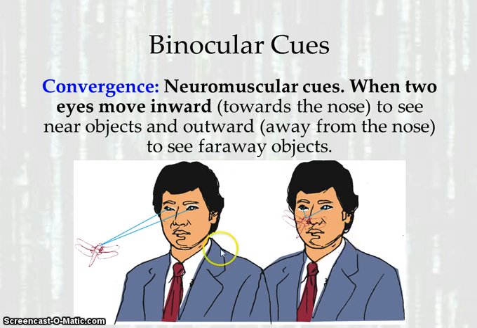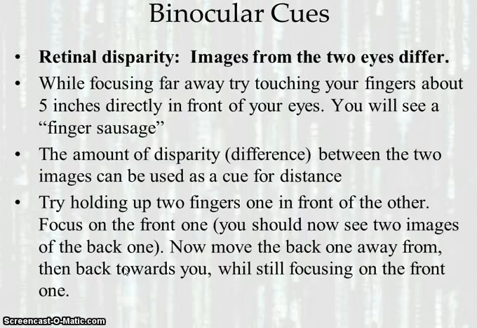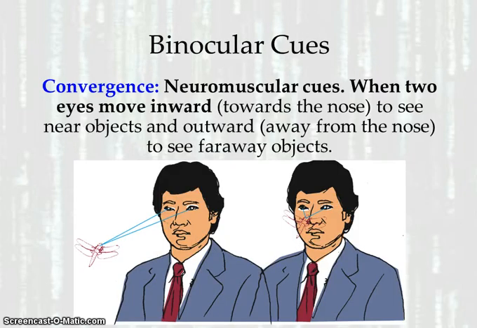So you can see as this firefly is getting closer to this man's nose, his eyes are going to converge. They're going to turn inward to his nose. As the firefly is farther out, the eyes are going to turn away from the nose. So again, the two binocular cues you need to know are retinal disparity and convergence.